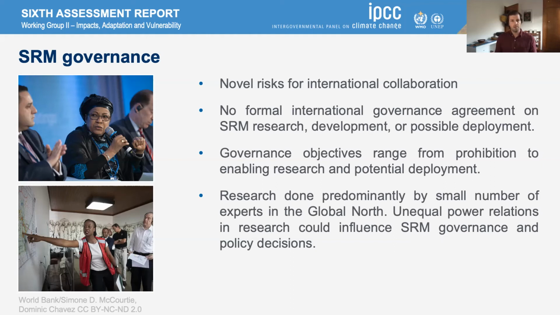If one small club of countries was implementing SRM, other countries may want to counter those measures. As of now, there is no formal international governance agreement on SRM research, development, or possible deployment. And the governance objectives stated range from a prohibition to enabling research and potential deployment.